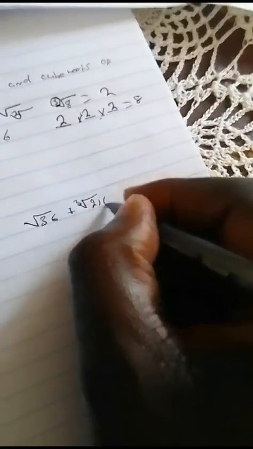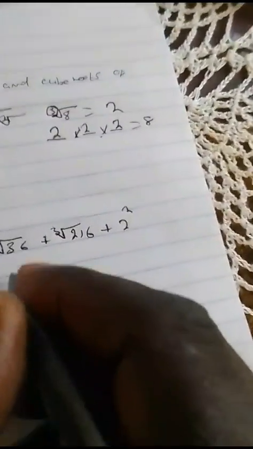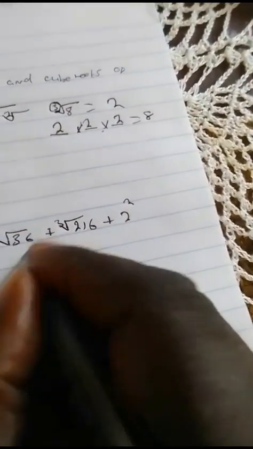The square root of 36, let's say, plus the cube root of 216. Let's add plus 2 to the power of 2, because we've already spoken about exponents. The square root of 36 is 6.